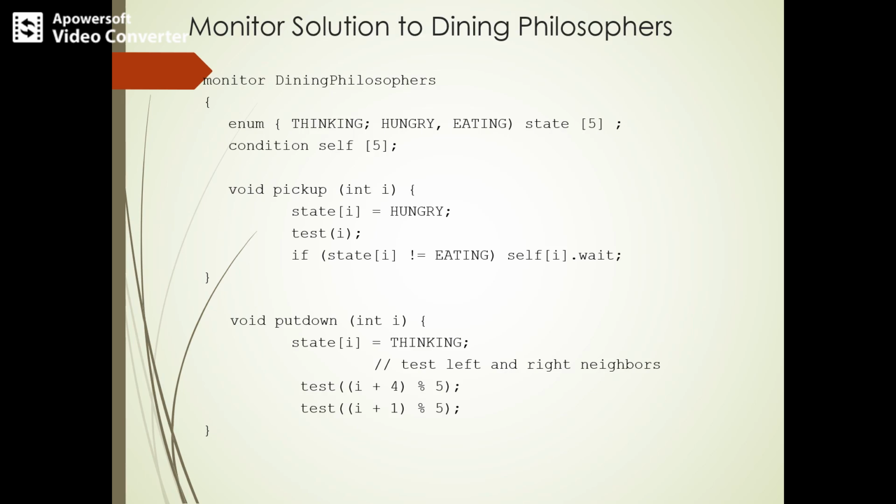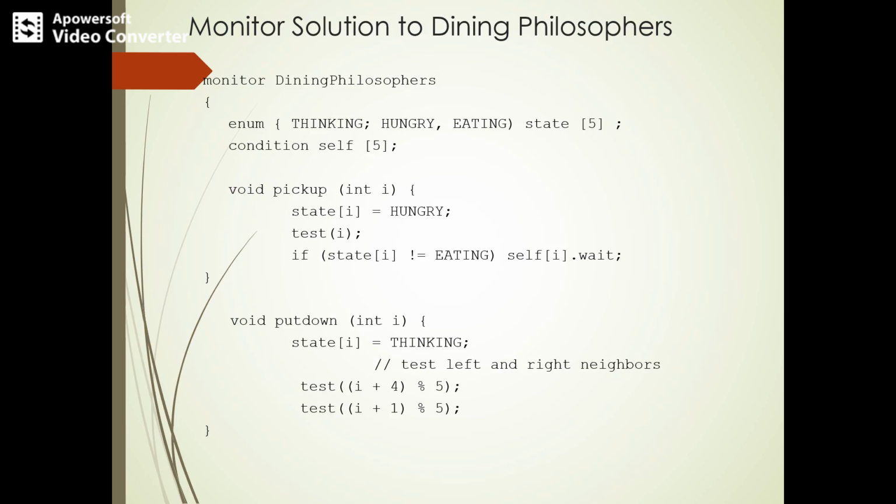This kind of solution is a deadlock-free solution to the dining philosophers problem. Let's see how this is achieved. Let philosopher I set the variable state of I to eating. If she sets the state of I to eating, it is possible only if her two neighbors are not eating, which means she can pick up both chopsticks.